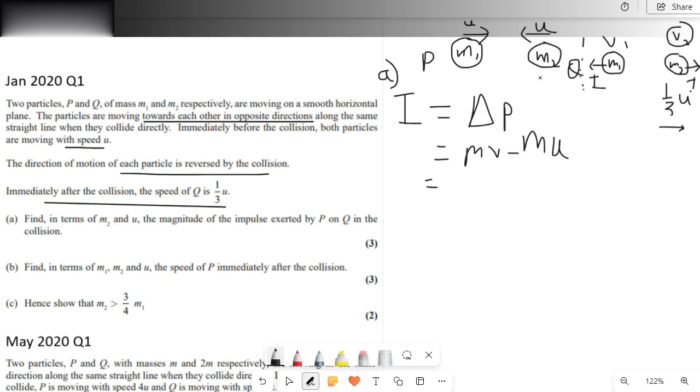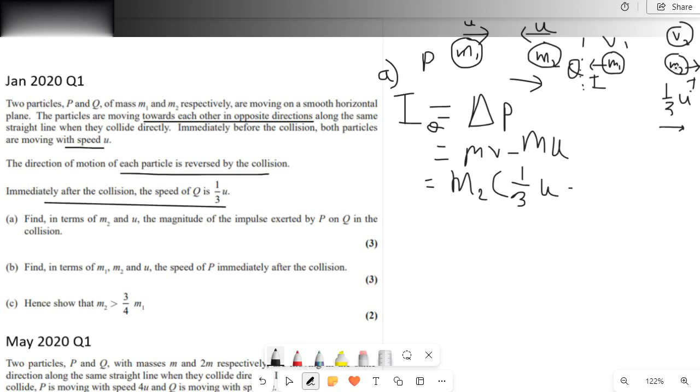We can apply the formula for Q, and we have m2 as the mass, final velocity is 1/3 u, and we are resolving to the right.